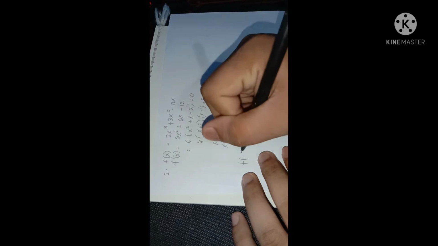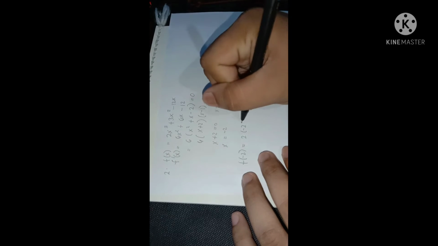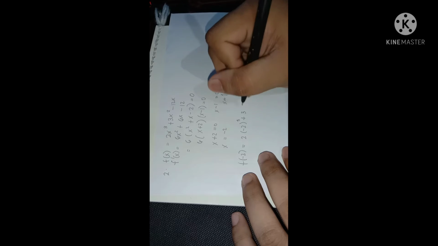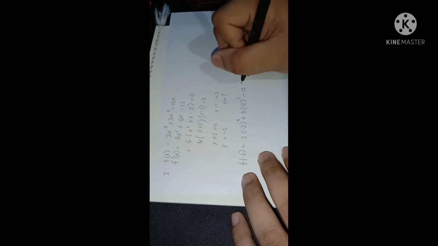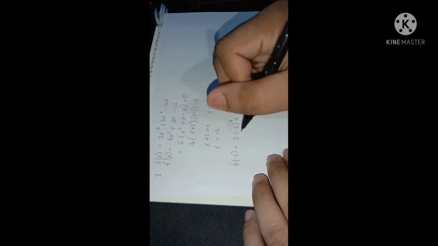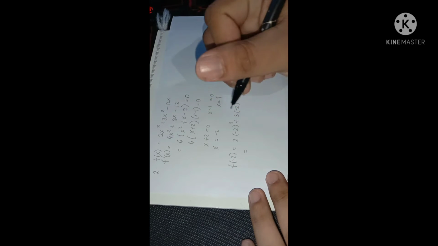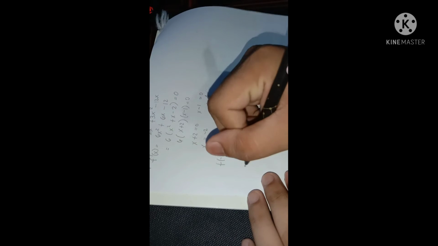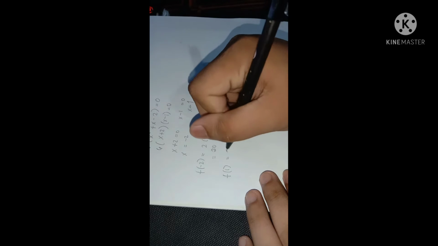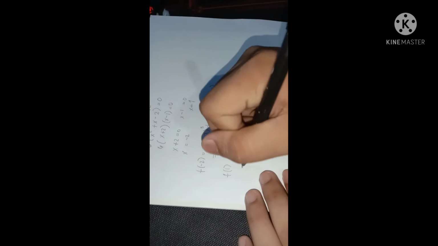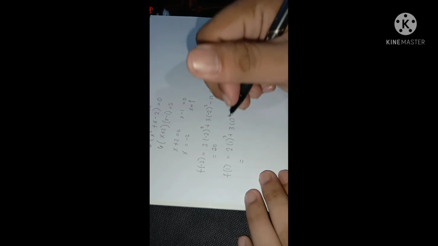For negative 2, we calculate and get 20. For 1, we calculate and get negative 7.